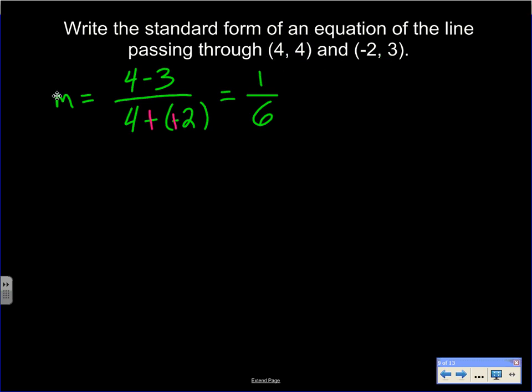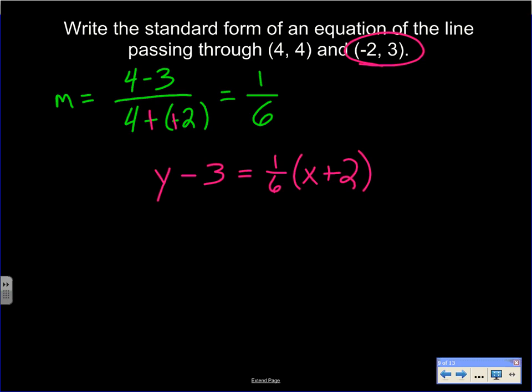Now we're going to write this in point-slope form. Let's go ahead and do that. We're going to say y minus, let's use this point here, y minus 3 is equal to the slope, and x minus negative 2 becomes x plus 2.